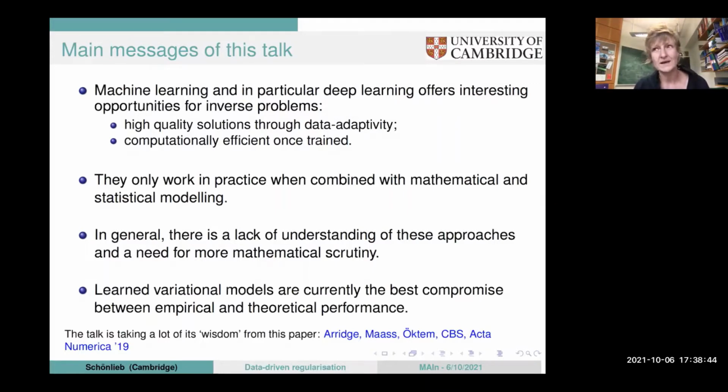The other very nice feature of machine learning solutions such as neural networks is that, compared to the really very computationally hard problems that we usually have to solve when we want to solve an inverse problem, like nonlinear PDEs and non-smooth optimization problems, once a neural network is trained, it's just an explicit application of linear and nonlinear operations.